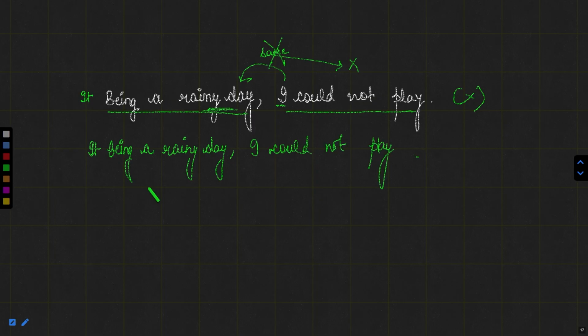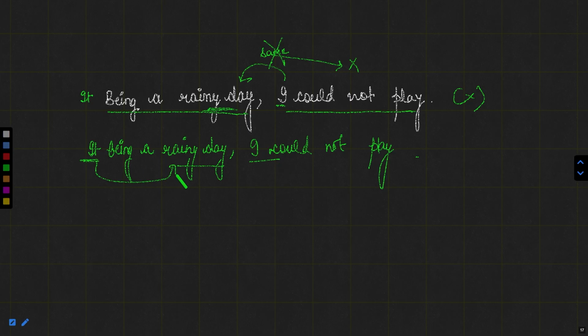Why so? Because here I'm talking about, first of all, the rainy day, and then I'm saying that because it was a rainy day, it being a rainy day, it means the day was a rainy day. That is why I could not play. Okay. So here we have used a subject for this rainy day.